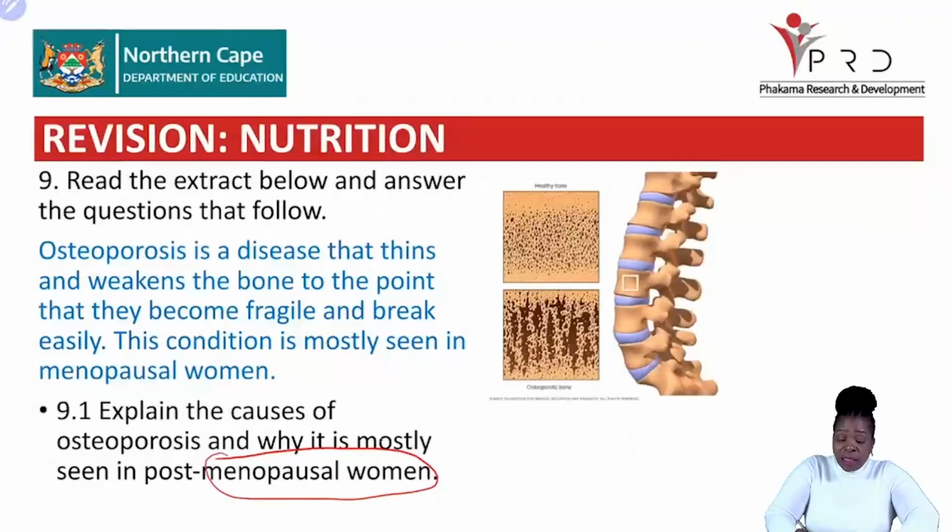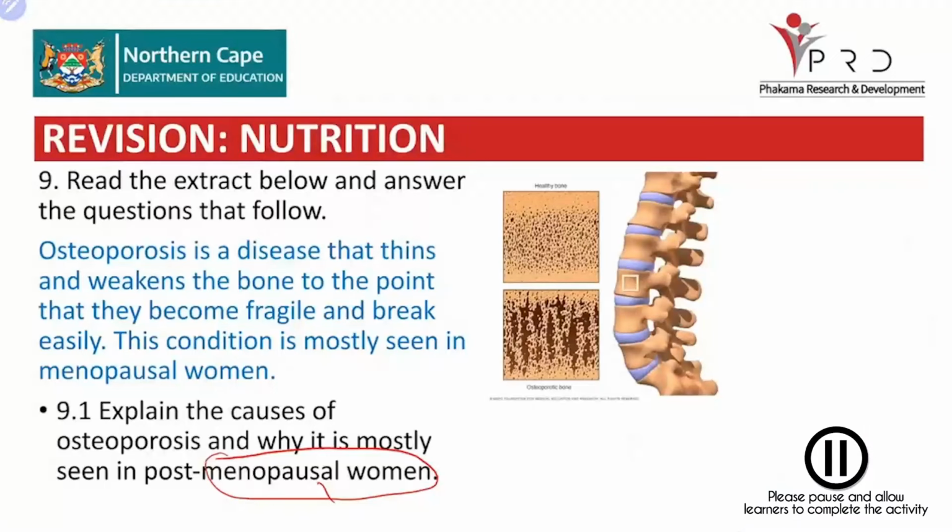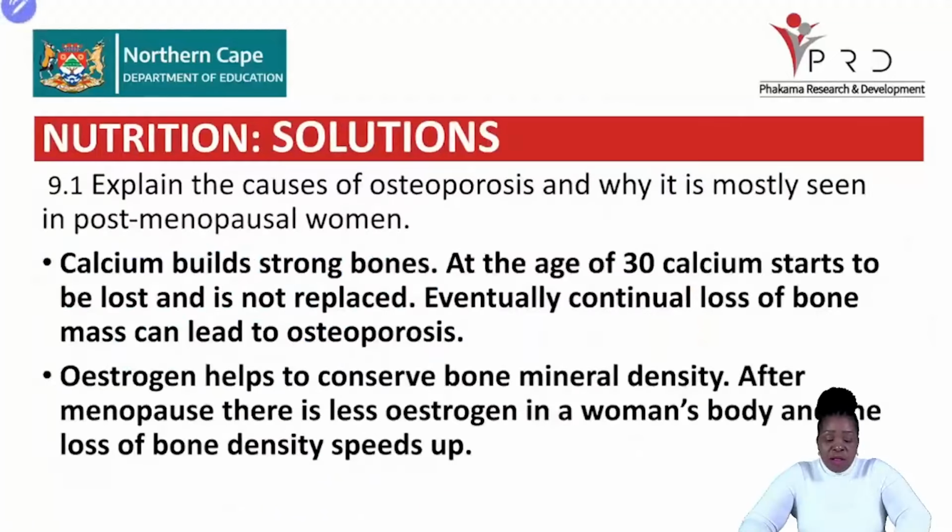So our question is focusing on osteoporosis and what? And postmenopausal women. So always read and understand the question. Right. I'll give you just 2 minutes to answer the question. Welcome back, learners.